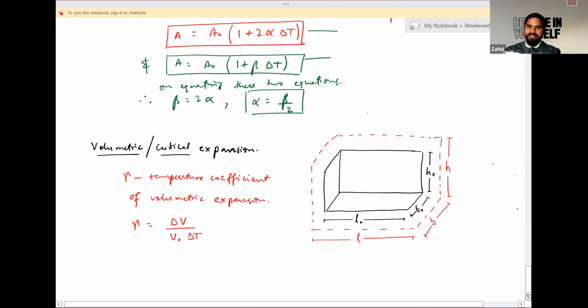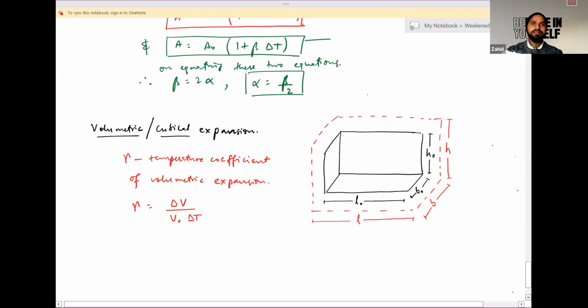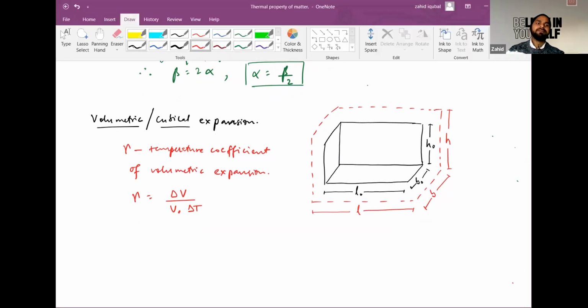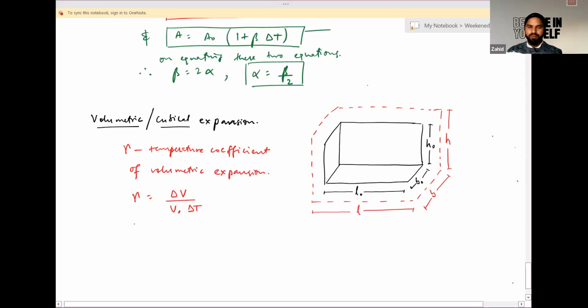It is the ratio of fractional change in volume to the change in temperature.